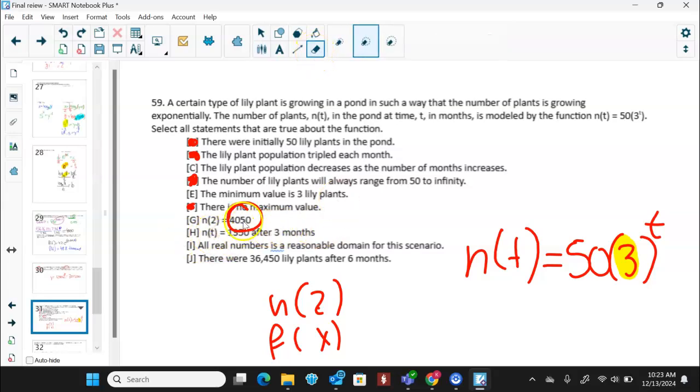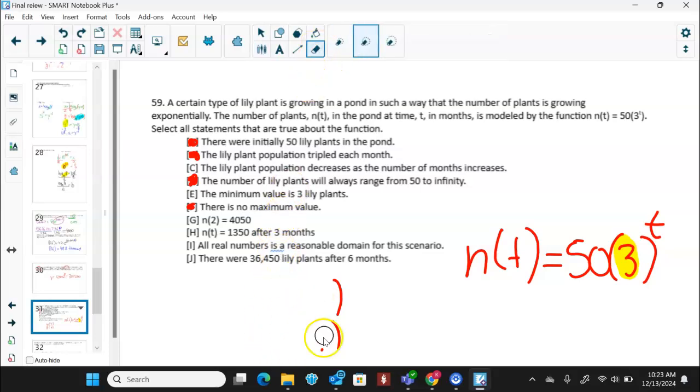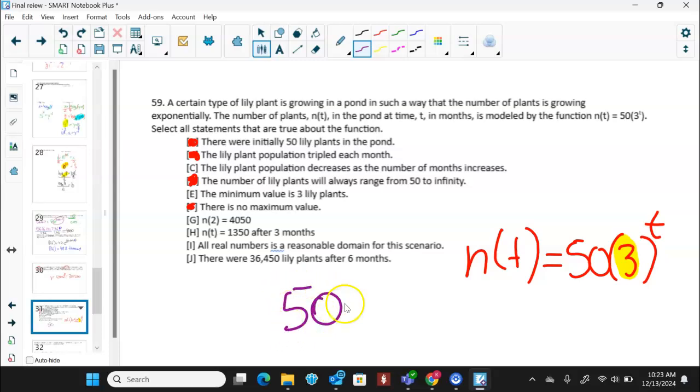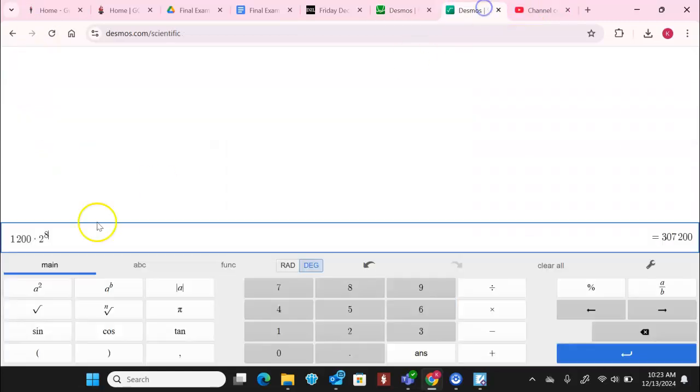And then the next one states the N of t is 1350 after 3 months. Okay, so we can plug in 3 months for our time. So let's check. 50 times 3 to the 3 months equals, and of course you can also read that off the graph as well.